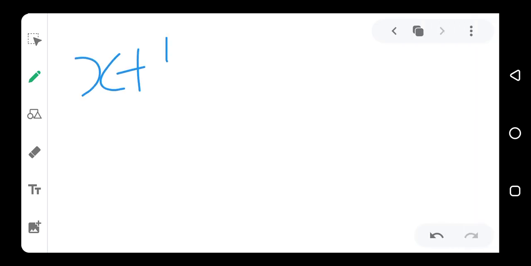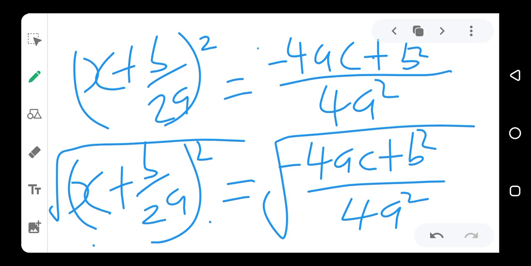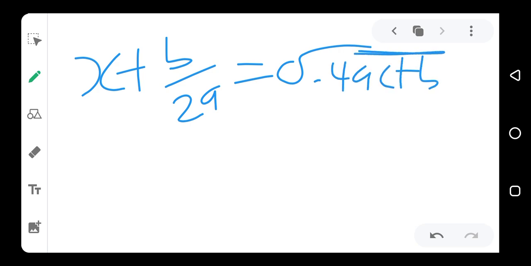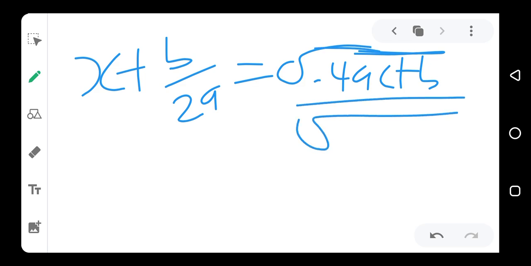So x plus b over 2a is now equal to square root of the up and square root of the down: square root of minus 4ac plus b squared, over square root of 4a squared.